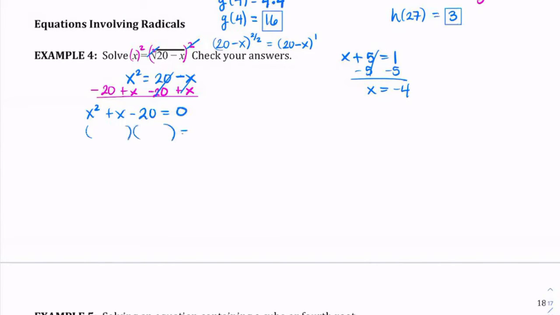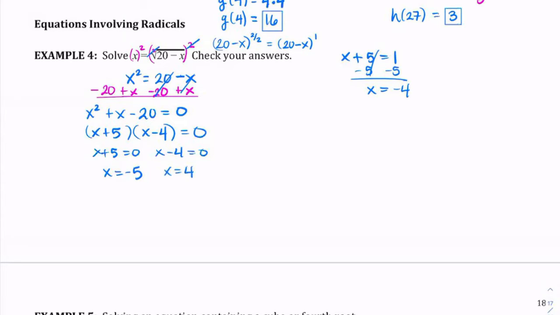Factor it if you can. In this case, you can. It factors as x plus 5 times x minus 4. So we set each factor equal to 0 and solve for x. So we get x equals -5 and x equals 4.